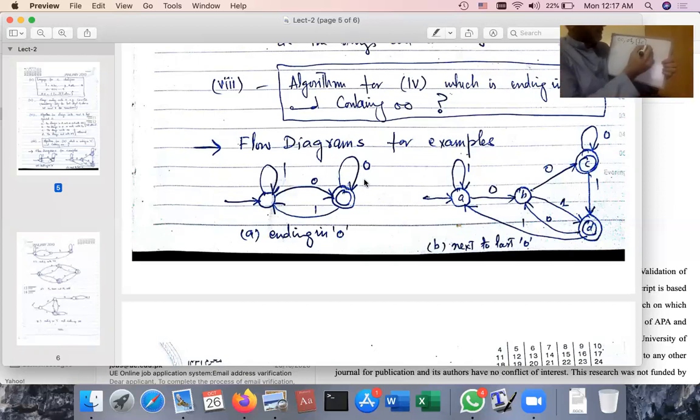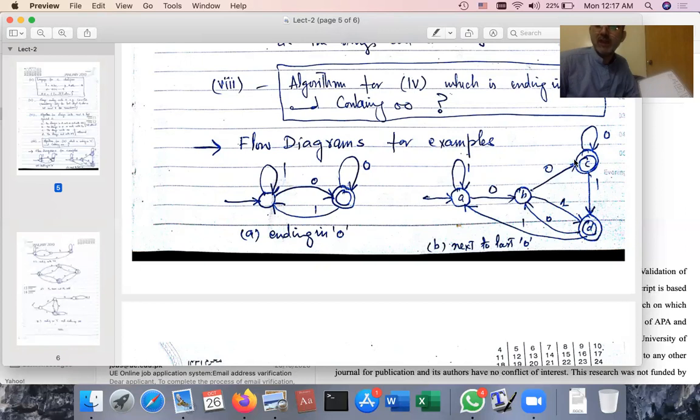And then 1 1, next to last is not 0, so this should not be allowed. So now you have to think over it. On the screen you have a finite automata. First think over 0 0. So start with this A by taking 0 and then 0.